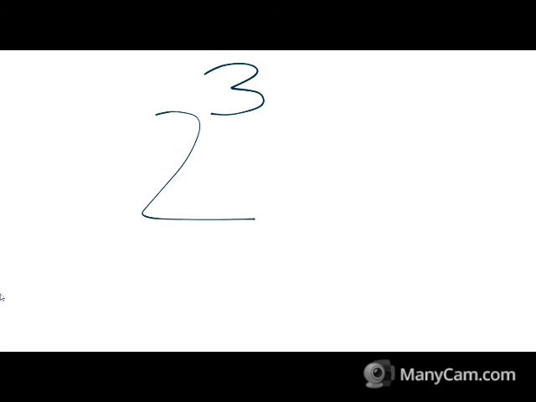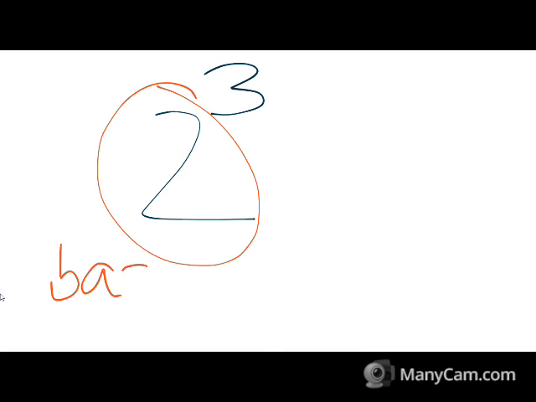So, you see that the base is this number right here. A base tells you it's going to be the factor, what number you're going to use to multiply that many times. So this is the base. And you can see that the exponent is this 3.